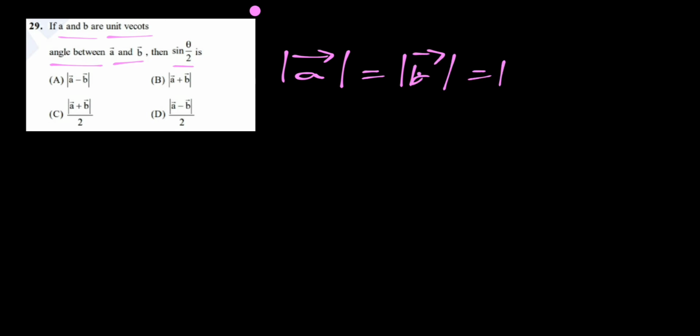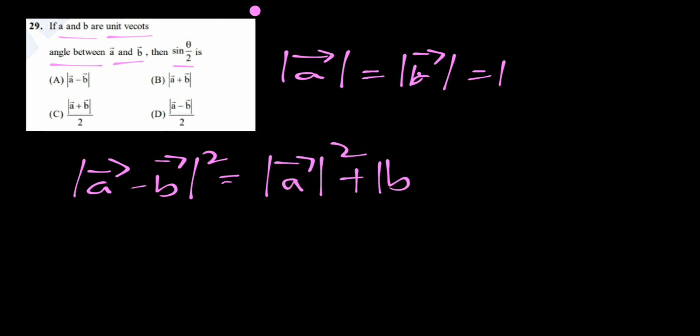Next, problem number 29. If A and B are unit vectors and theta is the angle between A bar and B bar, then we have to find sin theta by 2. Here unit vectors means magnitude of A bar is equal to magnitude of B bar is equal to 1. Now I will use the formula: magnitude of A bar minus B bar whole square is equal to magnitude of A bar square plus magnitude of B bar square minus 2 into A bar dot B bar.